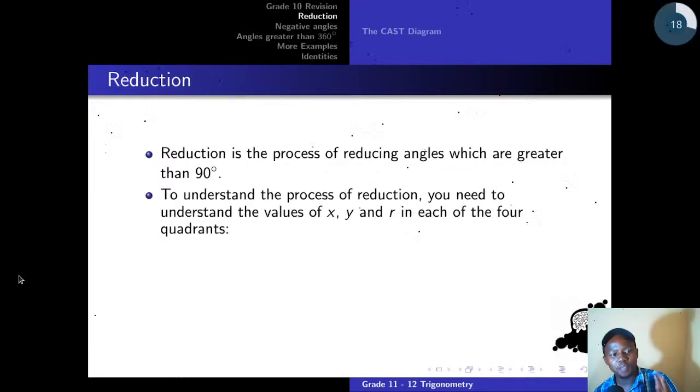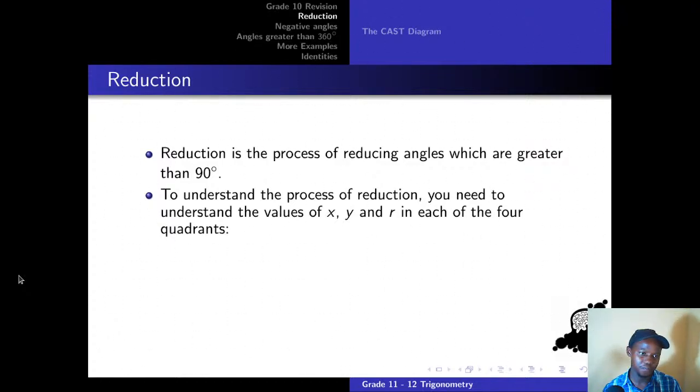To understand the process of reduction, the first thing that you need to understand is what are the signs of x, y, and r in each of the four quadrants. The first thing that you need to take note of is that r is always positive. The hypotenuse of any right angle triangle will always be positive.